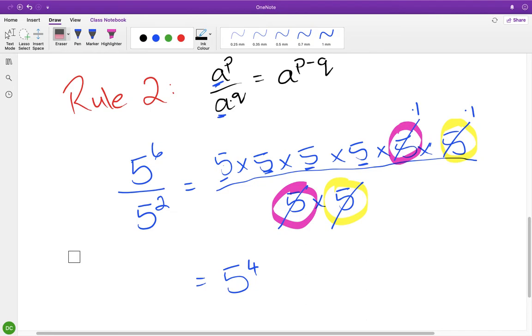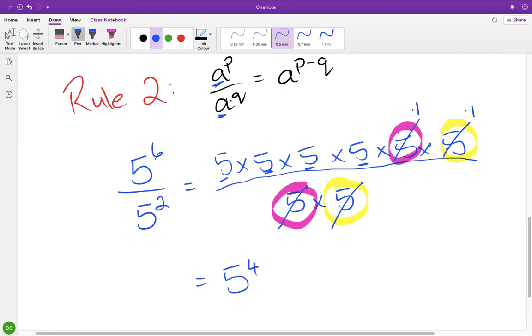You don't actually go on to that last step. It's not wrong to do it, it's just not required, I suppose. So I started with my rule. I stuck in some random numbers just so we could test the rule. And then I expanded them the way you would have been taught indices in first year when you learned what a power was.